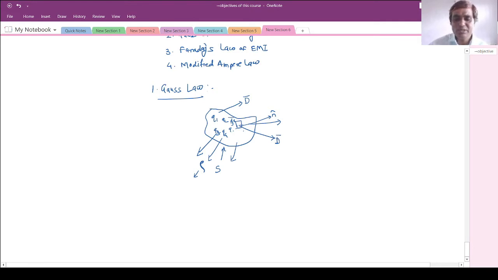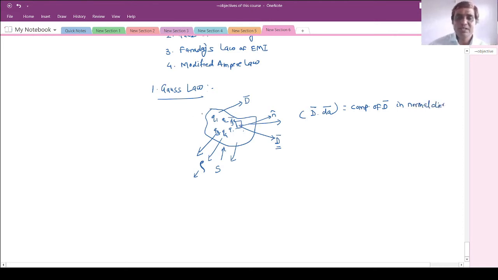So the displacement vector coming out from this small area dA will be equal to the dot product between D bar and the small area dA. Okay, so the dot product between the electric displacement vector and the infinitesimally small area dA will be nothing but the component of the displacement vector in the normal direction, or in the unit direction n cap.